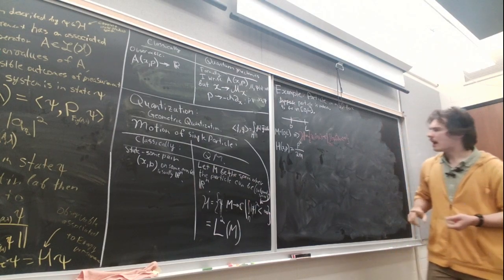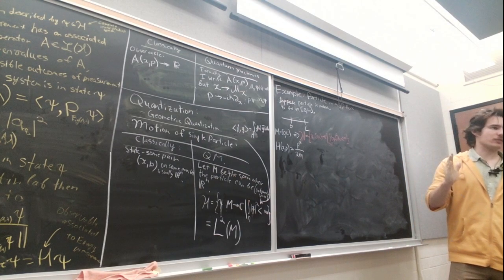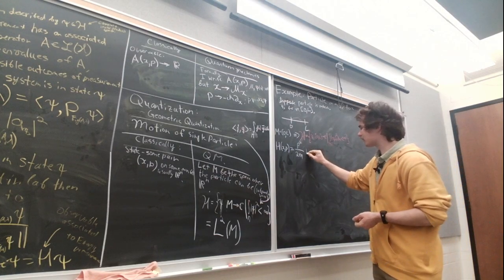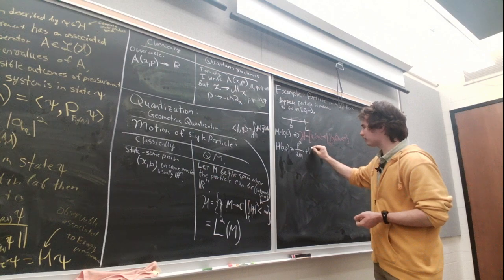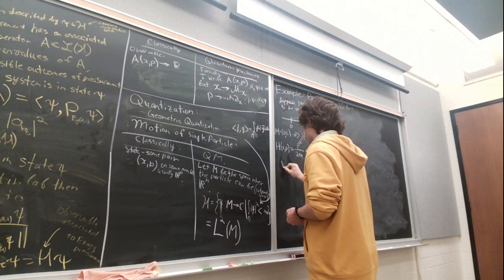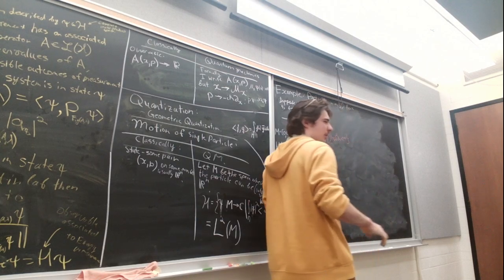Good. But now I said that my particle is restricted to be in a box. Do you agree? So I can write this plus v of x, where v of x is, formally, this is not real.